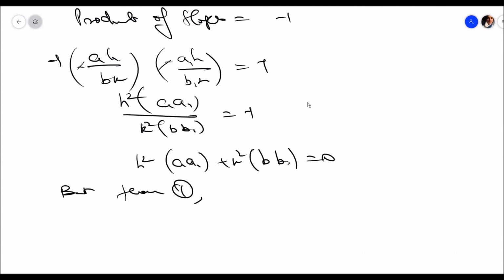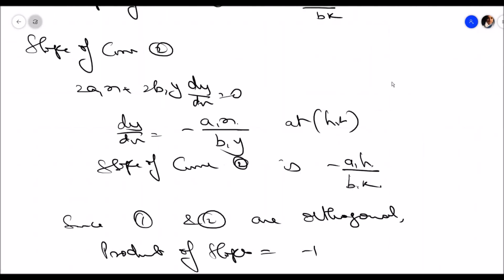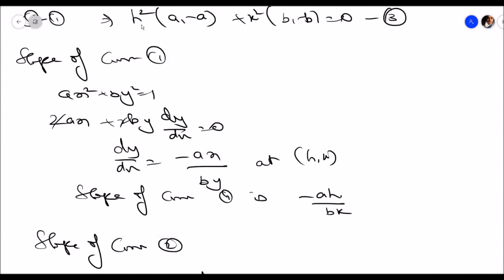from equation 3, which we have derived, let's just go back to check what equation 3 is. Okay, this is the equation 3 that we have. Can I substitute h square from this?